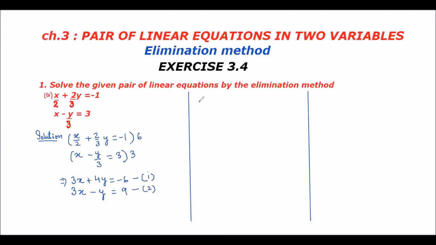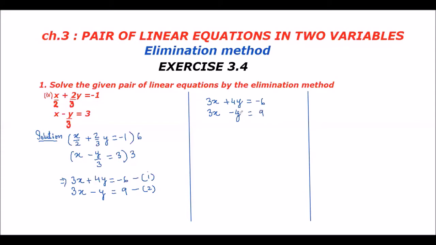Now children, let's learn what the elimination method is. First of all, you will write the two equations and observe the coefficients of x and y. You will notice, is there any variable which has the same coefficient in both the equations?